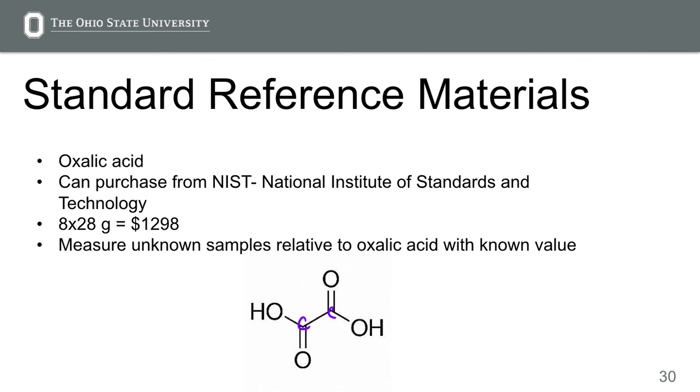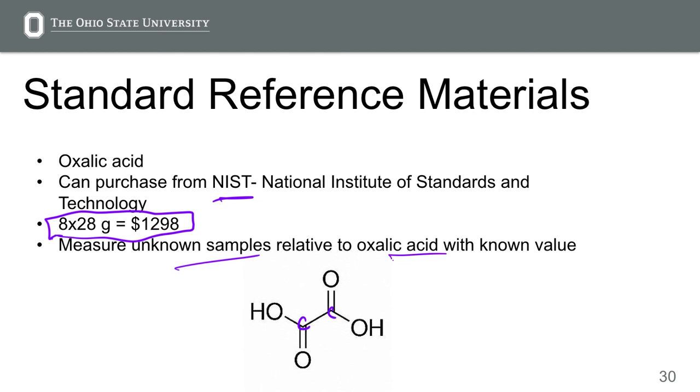This would have a known amount of carbon-14 in it that's measured by NIST, and then you can take your unknown sample and compare that to oxalic acid. Okay? And I would like to point out this little price tag right here. 28 grams, you can buy 8 of these samples, and it's going to cost you almost $1,300. Because someone has spent a lot of time quantifying carbon-14 in these samples, it's really expensive.